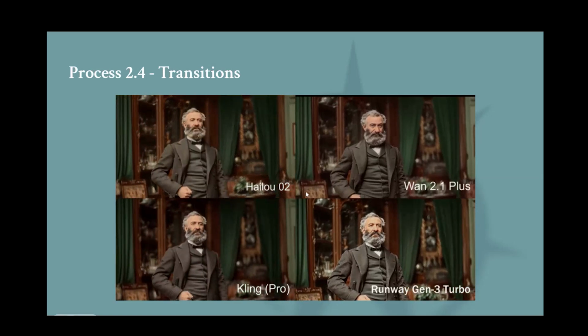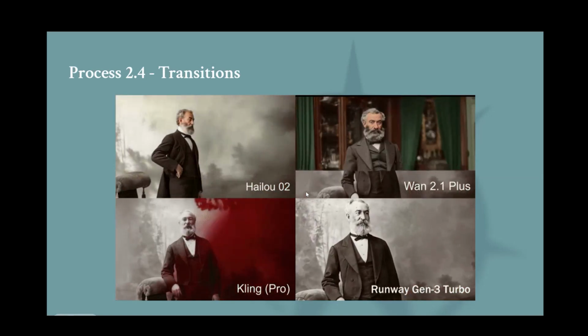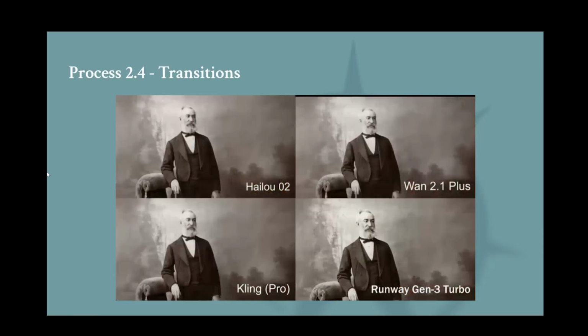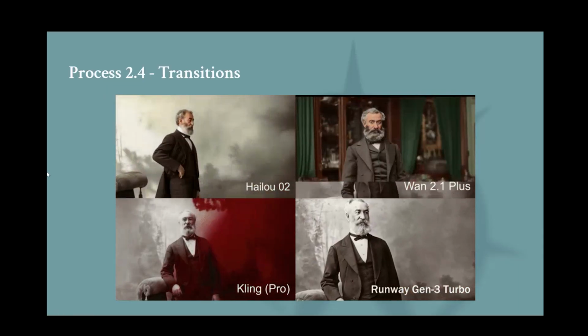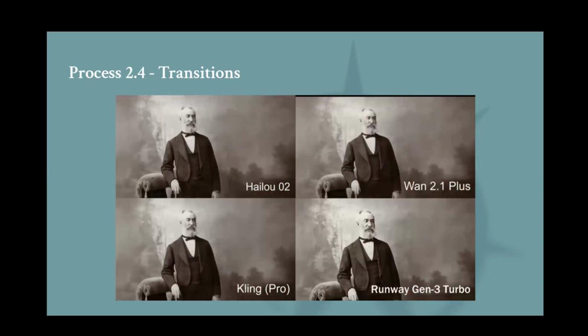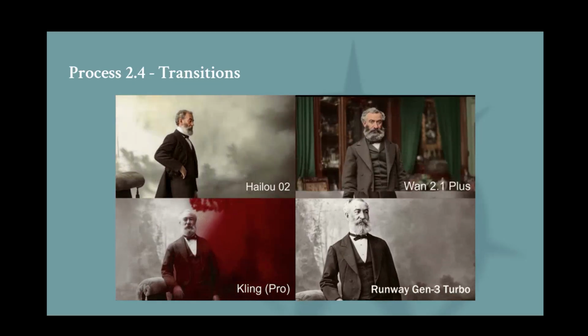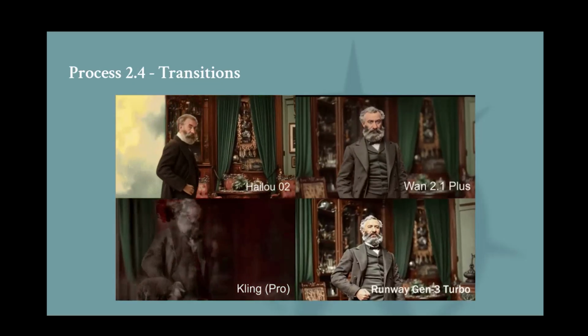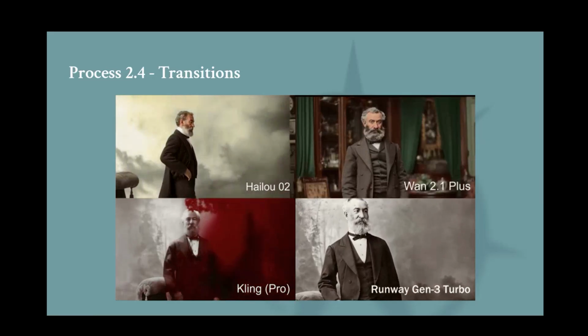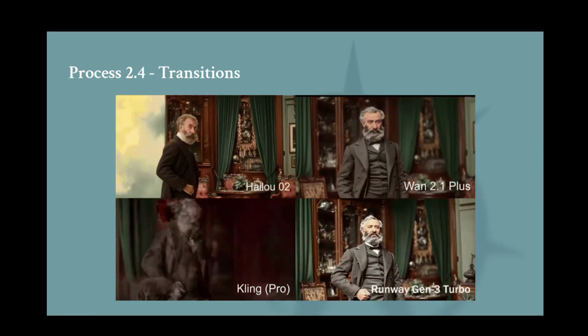Another element, like I had mentioned, is the transitions. Here we have several different examples. The left-hand column, Hailuo and Kling, these are generally more expensive models, and both of them try their best, it seems, to merit their cost.